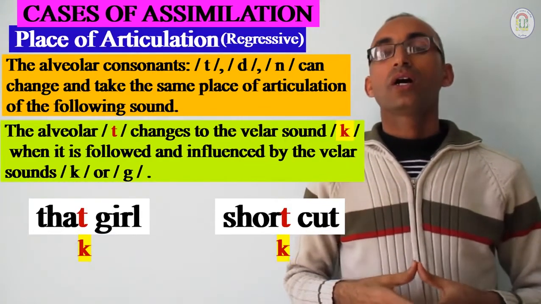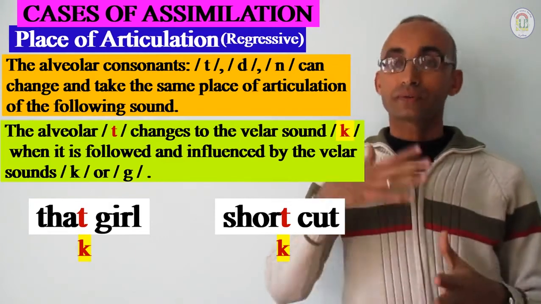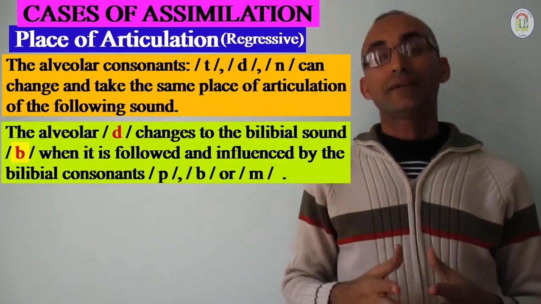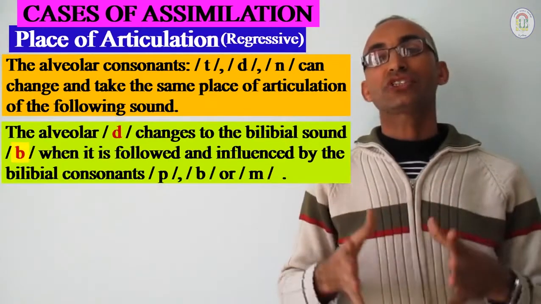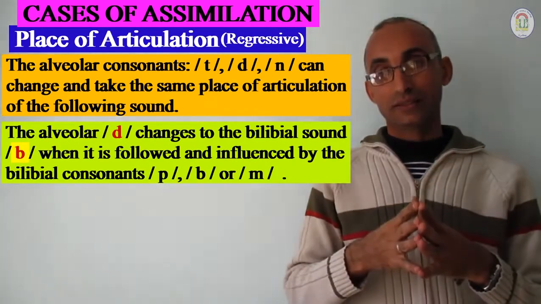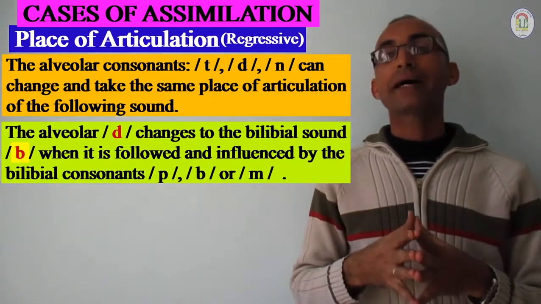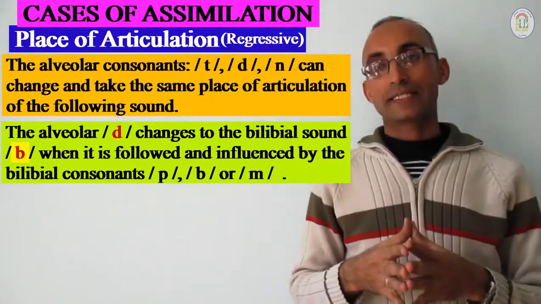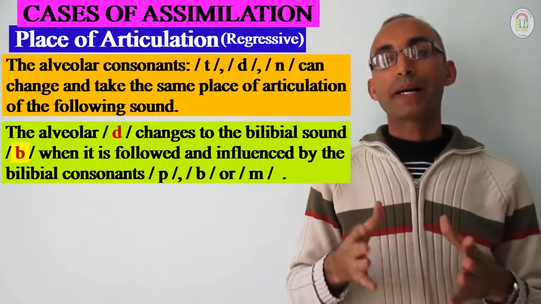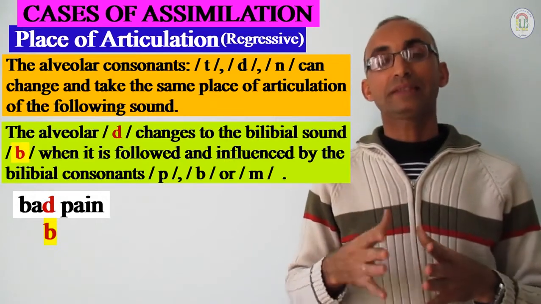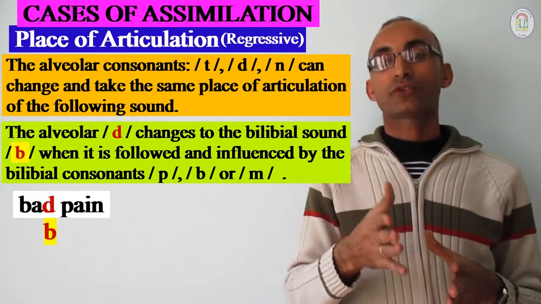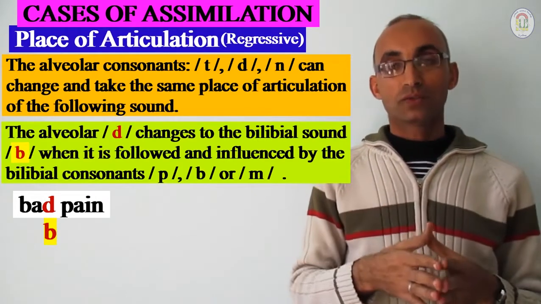Also for the other alveolar consonant, which is da, it changes to ba when it is influenced and followed by bilabial consonants, always pa, ba, and ma. For example, I have bad pain. So here, in bad pain, the da turns into ba. Why?